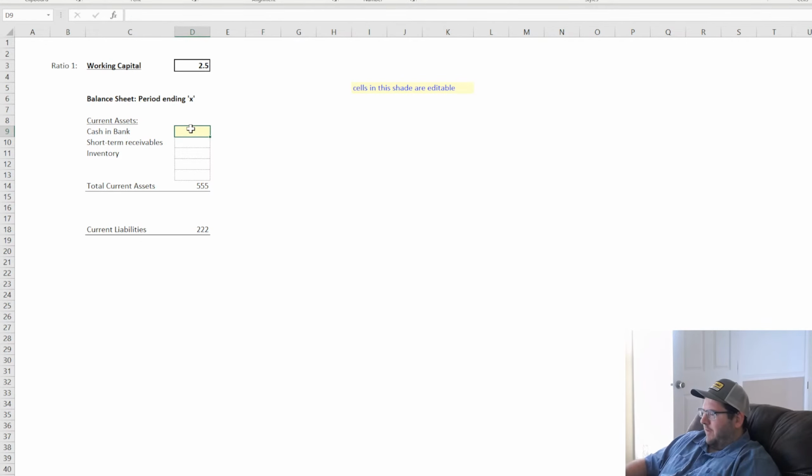Cash in the bank, some number. All these are currencies. Short-term receivables, inventory. The reason inventory is on here is because usually you'll sell your inventory off within a year. So that's considered a current asset.